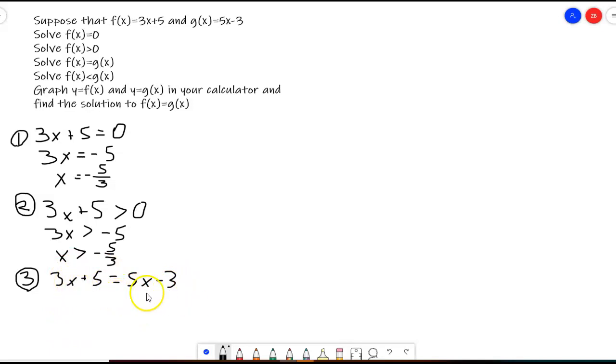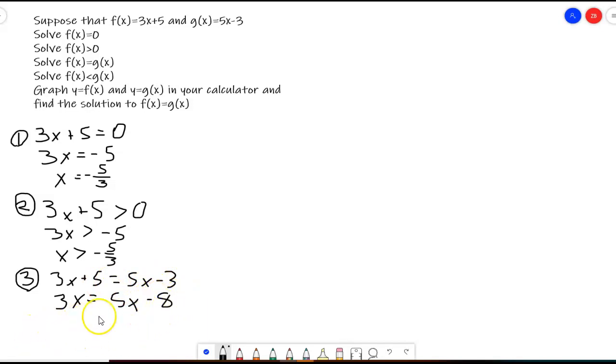In fact, there's 4 different legitimate ways you can do it. But the first thing I'd like to do is just go ahead and subtract the 5 from both sides, whatever the constant is on the left. So that would be 3x is now equal to 5x, and negative 3 minus 5 is minus 8.